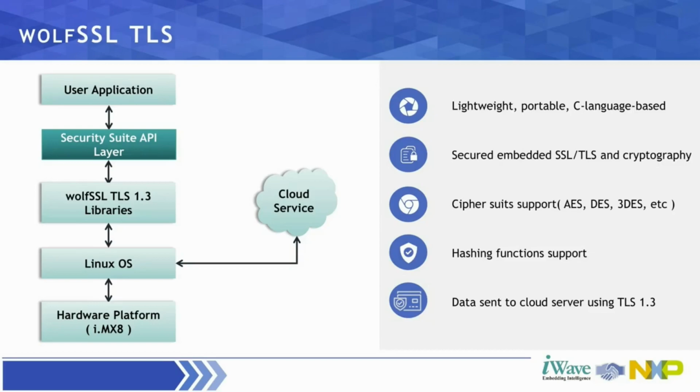So the iWave security suite integrates TLS 1.3 libraries with continuous updates of various TLS libraries, and completely takes care of the TLS integration with your i.MX platform, with APIs available to easily use these TLS libraries in your complete embedded solution.